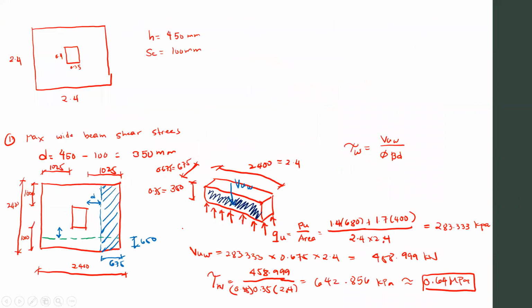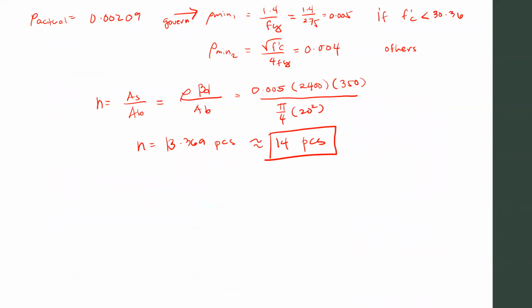Yan. So may question ba ka class for moments and shears? Okay, ano yun? Dun sa ano sir, sa 0. Ano po, ba't hindi po yung 1,000 yung ginamit sir, sa simula po ng moment?